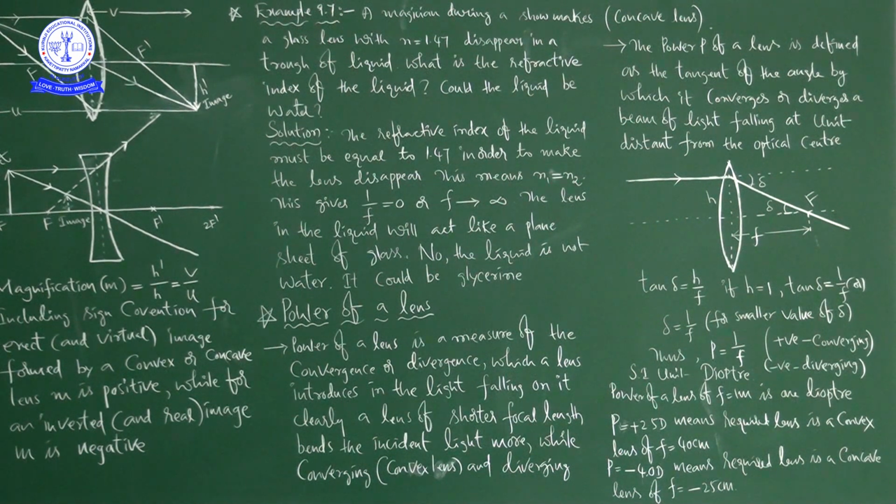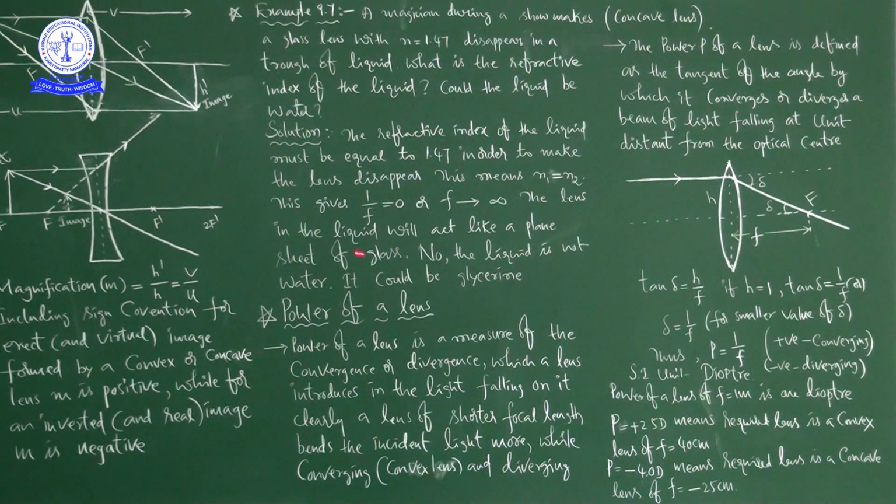In our previous class we discussed 1 by f is equal to (n minus 1) into (1 by r1 minus 1 by r2). When n1 is equal to n2, this gives us 1 by f is equal to 0, so f tends to infinity.